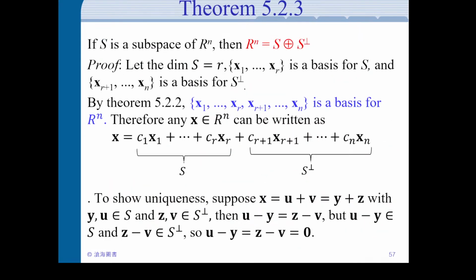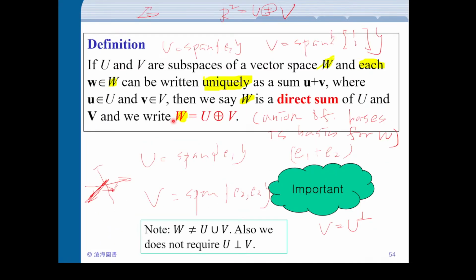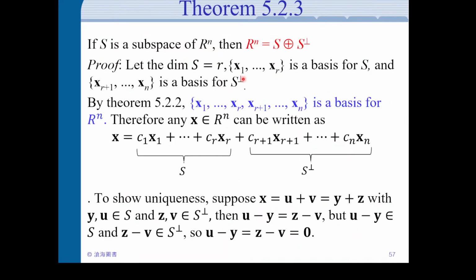The proof is by our theorem 5.2.2: we have that this is a basis for Rn. Now we need to check this direct sum: we need to check each part and uniqueness.